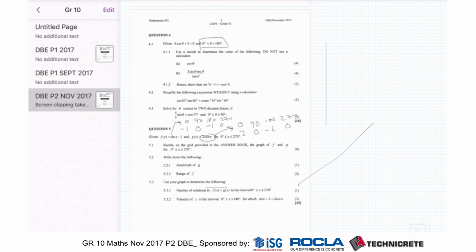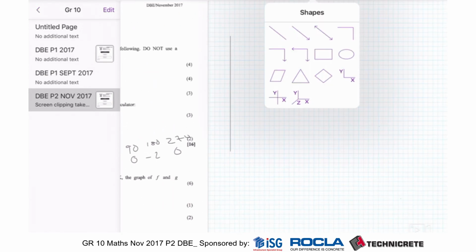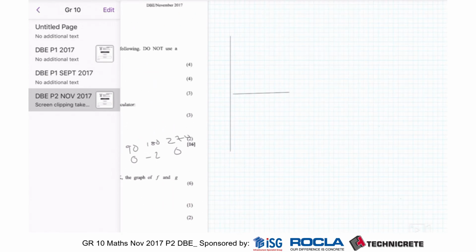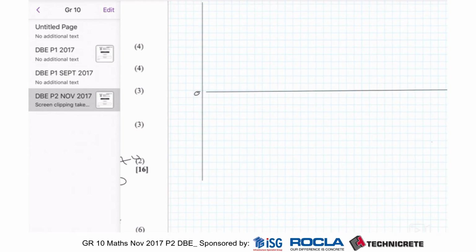Okay, and I want my shape to go this way too. Okay, so this is 0. Let's go with intervals of 5, no, actually let's go with intervals of 3, because then it makes more sense.